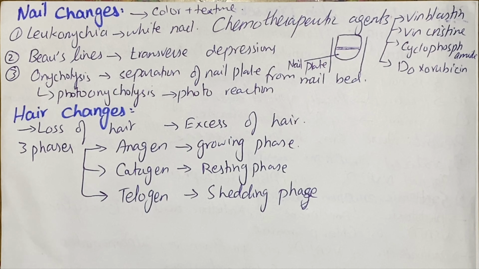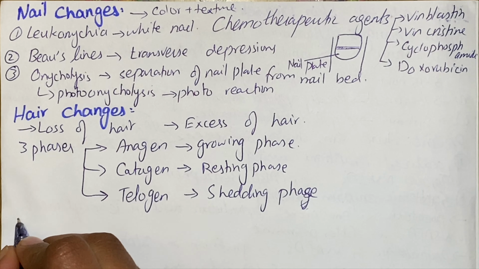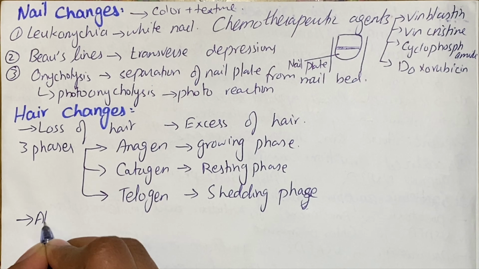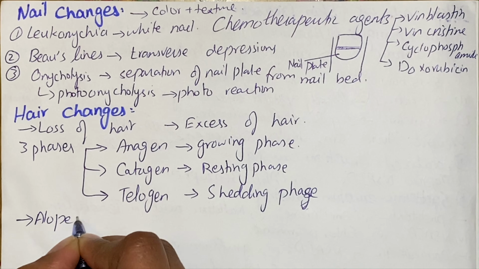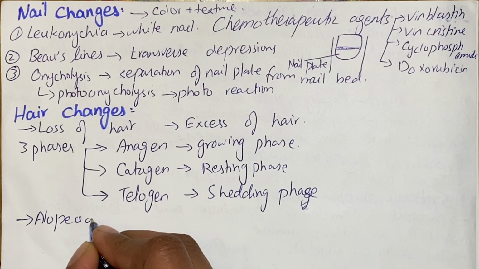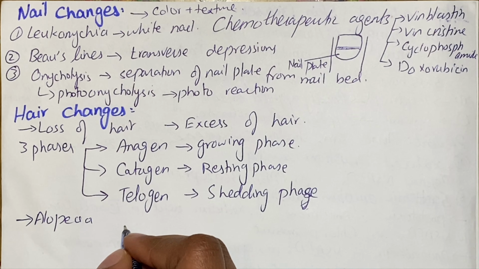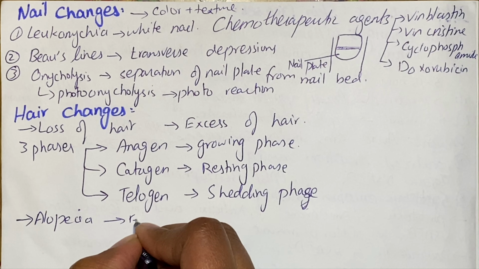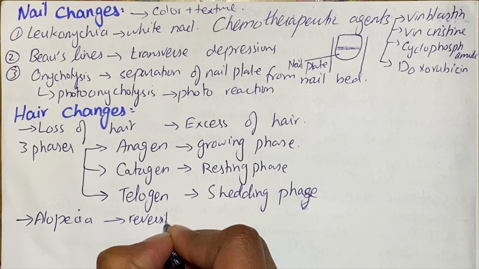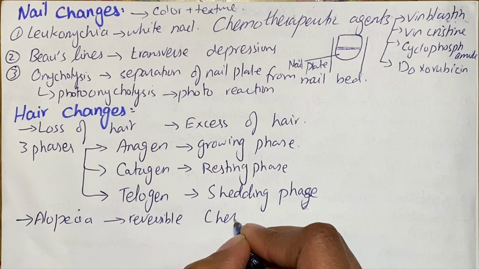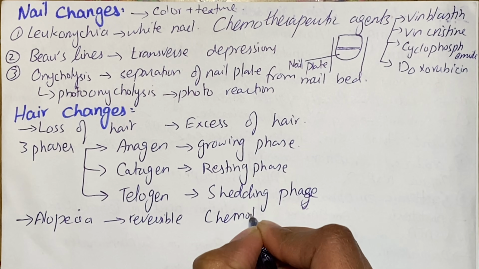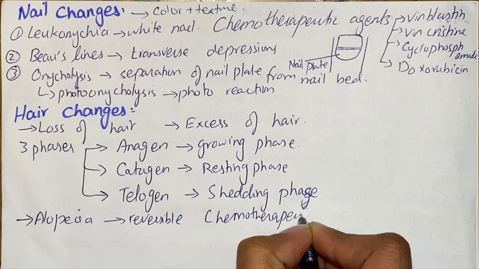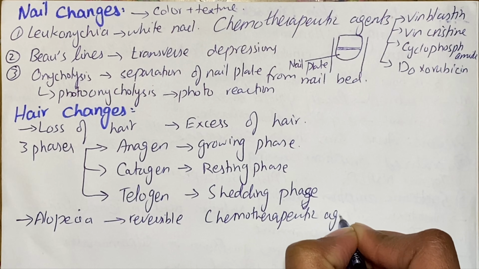So, if we talk about hair loss, alopecia can be caused by various therapeutic agents, and it can be either partial or complete. But one thing to be remembered is that it is reversible in case of chemotherapeutic agents.